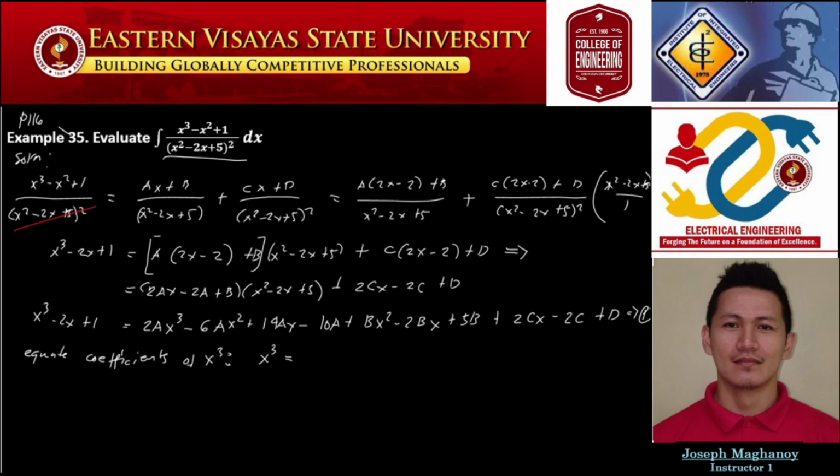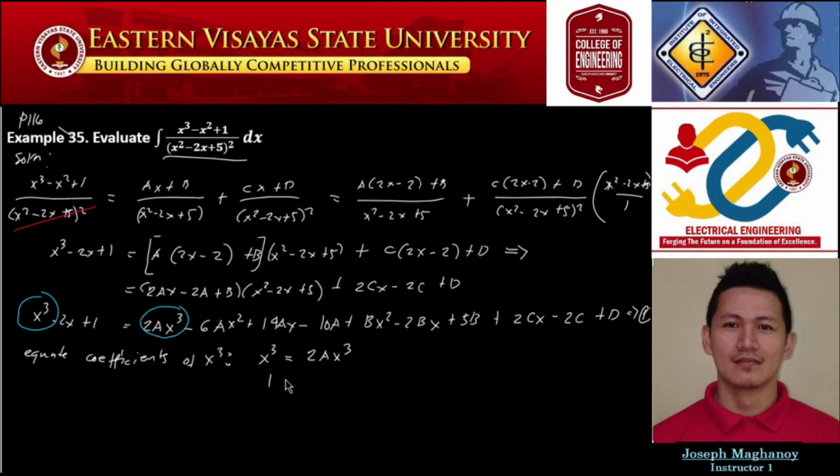So let's highlight the coefficient with x cubed. On the other side, we only have 2 with power of cube. So you have x cubed is equal to 2ax cubed. So rewrite this one.